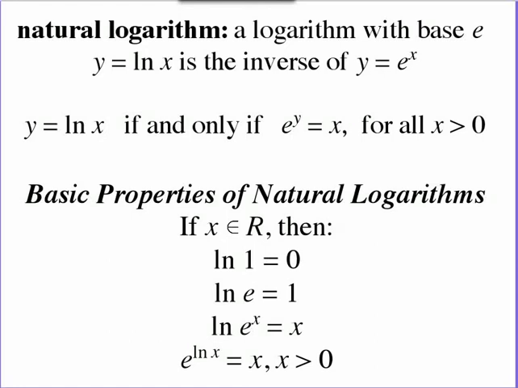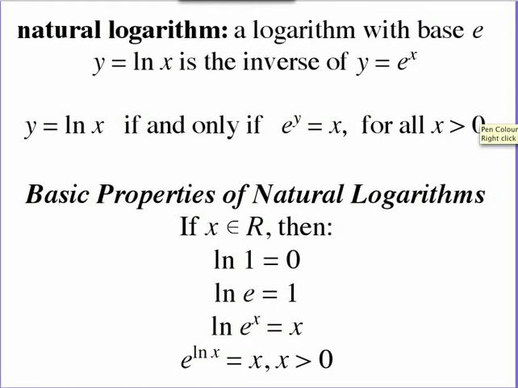So real quick, y equals natural log of x is the inverse of y equals e to the x. So they undo each other. Since they undo each other, let's look at this next statement. y equals natural log of x if and only if e to the y equals x. On the left side, I have y equals ln of x.